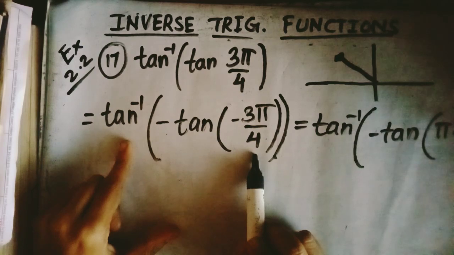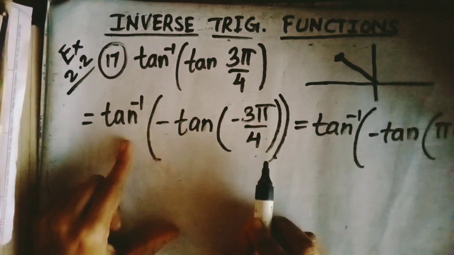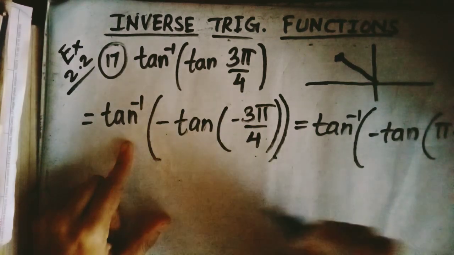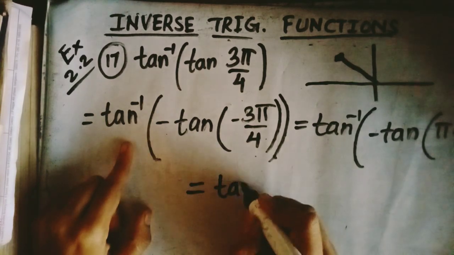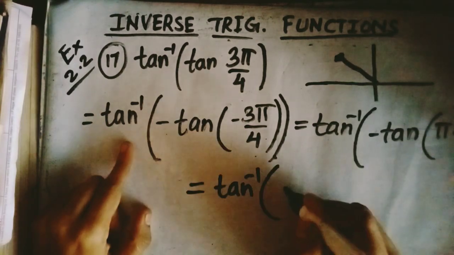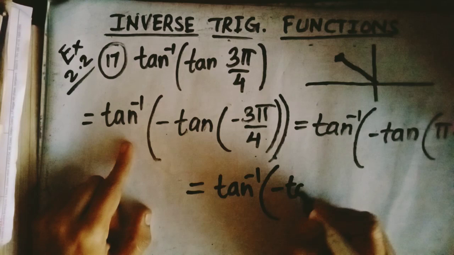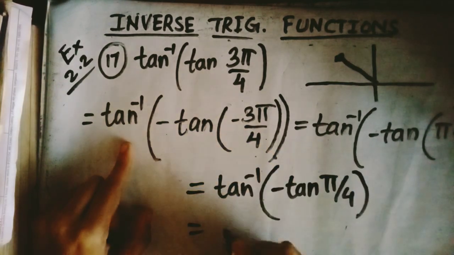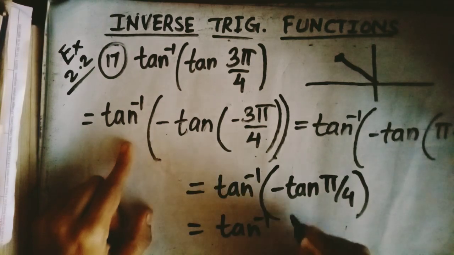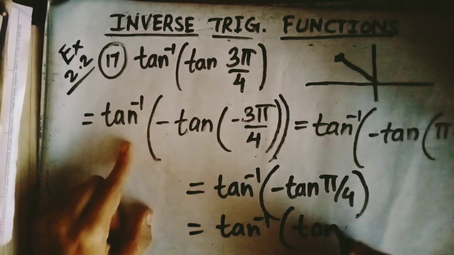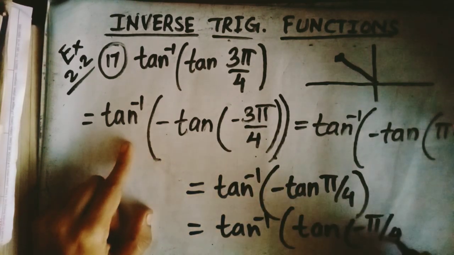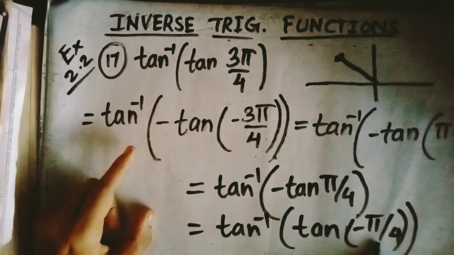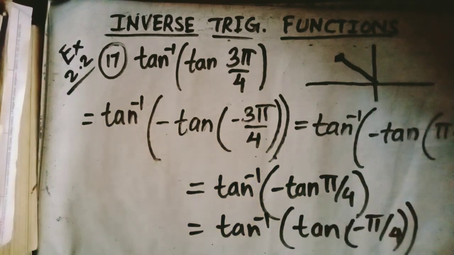So you will get tan inverse of minus tan pi by 4. You can take this inside using the trigonometric property, so tan of minus pi by 4. Now this minus pi by 4 belongs to minus pi by 2 to plus pi by 2. So this is the answer, minus pi by 4.